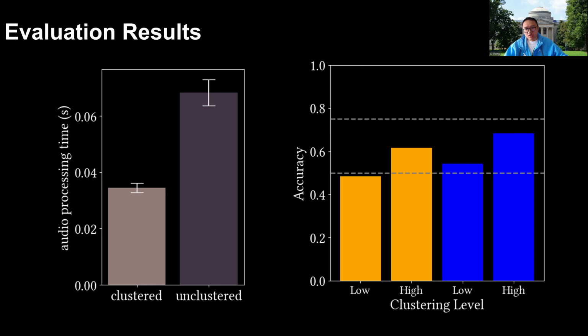Based on our results, the clustered audio event only requires half of the computational demand of the unclustered audio. However, the participants were unable to distinguish between the unclustered auditory space and conservative clustering audio. This observation reveals that our clustering algorithm can reduce the computational time by 50% without compromising audio perception.